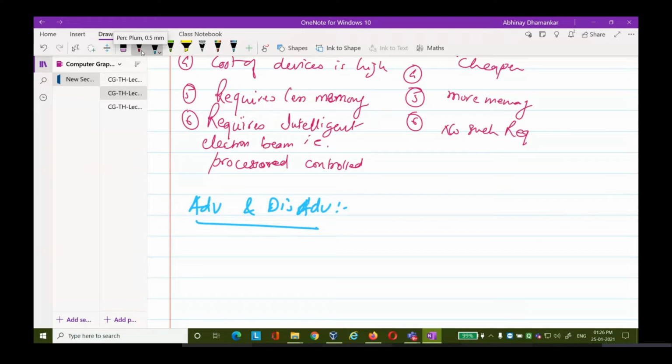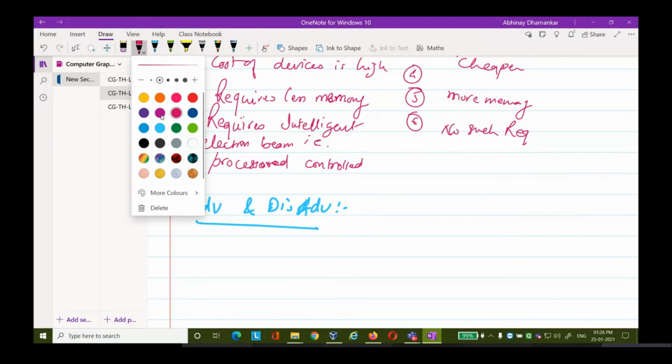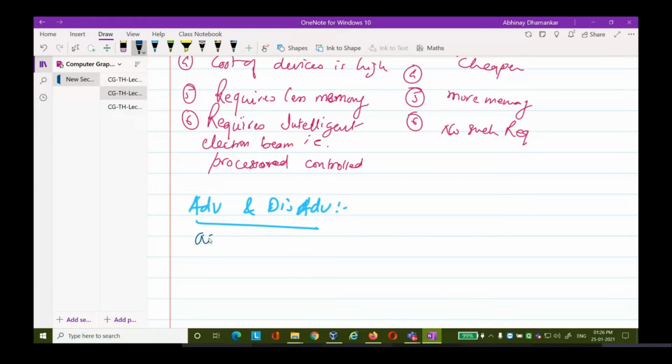Moving to the next, advantage and disadvantage part. Let's say the advantage part.